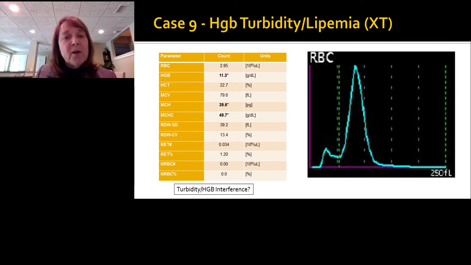When you exceed those values, what is causing the color change in your hemoglobin determination, remember that is a spectrophotometric read, is something that is adding extra color. So it is either extra free hemoglobin, it is extra turbidity, or very commonly lipemia. So these high values are very important in your diagnostic evaluation of this scattergram.